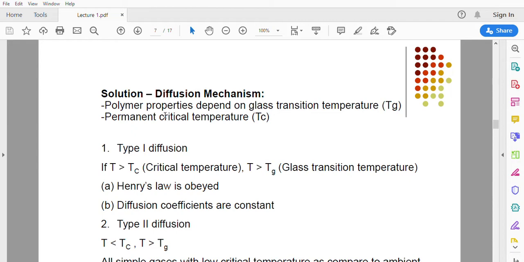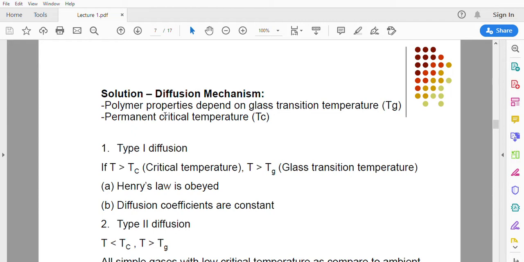But if the atmospheric or environment temperature is higher than the critical temperature of that material, then you cannot condense the gas by simply increasing the pressure without changing the temperature. Suppose air: you cannot liquefy air by simply increasing the pressure of the gas.